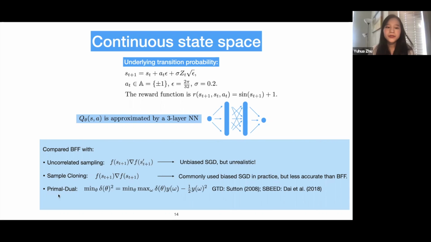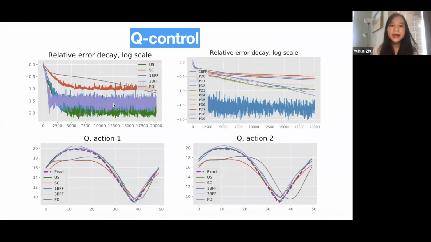Another method is called primal dual, where they transform this minimization problem to a minimax problem so that they can avoid two sampling in this formulation. However, we will see in the numerical experiments that when this maximum is taken over non-concave functions, then it will become unstable.